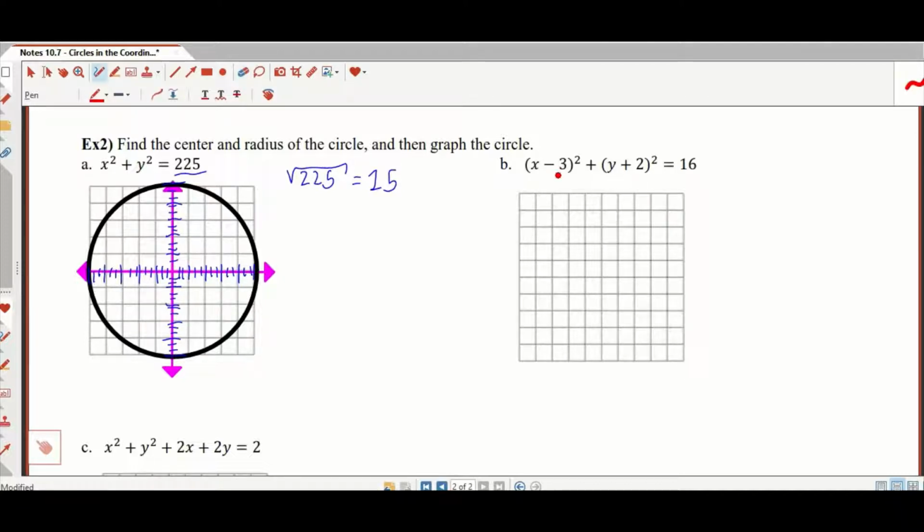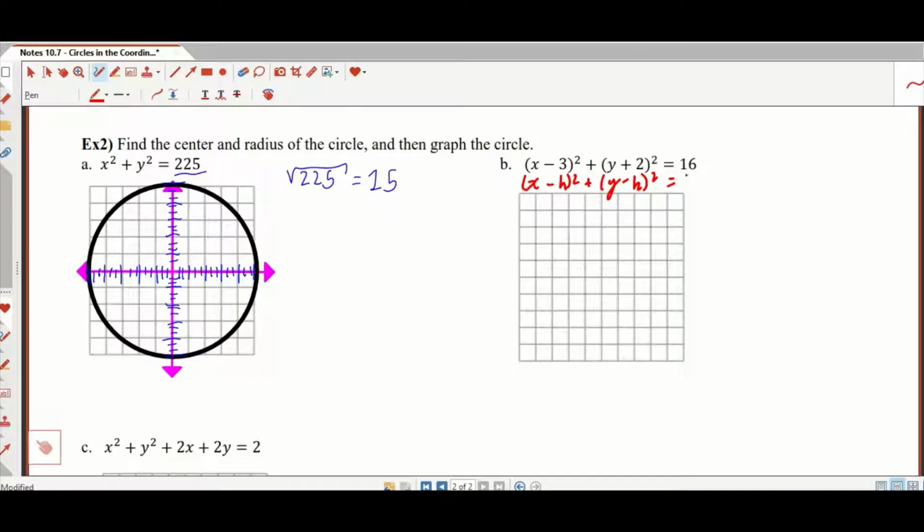Okay, so this time it's not centered at 0, 0 because it's x minus h squared plus y minus k squared equals 16, which is r squared, which is 4 squared.